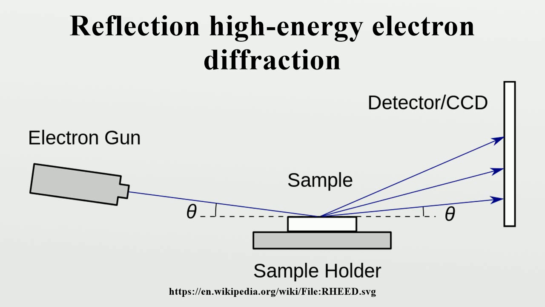A typical RHEED source has a focal length around 50 centimeters. The beam is focused to the smallest possible point at the detector rather than the sample surface so that the diffraction pattern has the best resolution. Phosphor screens that exhibit photoluminescence are widely used as detectors.